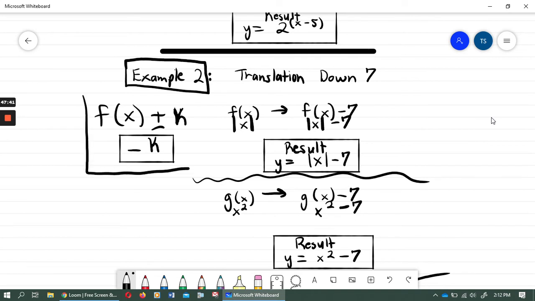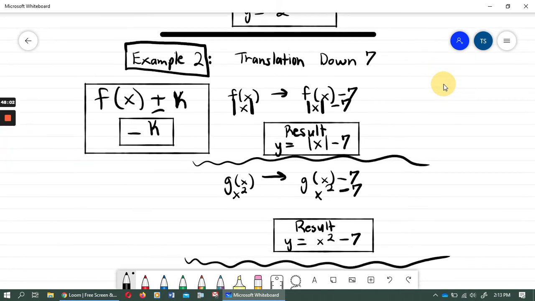So we're using that general form, and we expect to have to subtract some number on the outside of that function, because this is a vertical translation only, and that's going to be some change happening outside of the function.